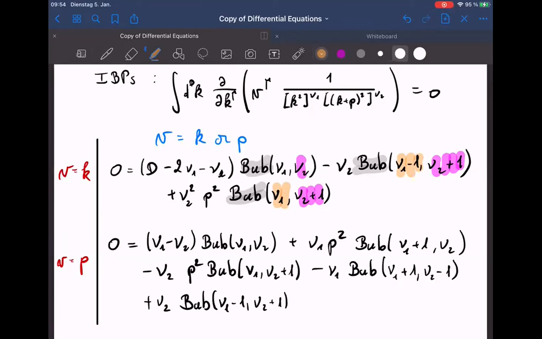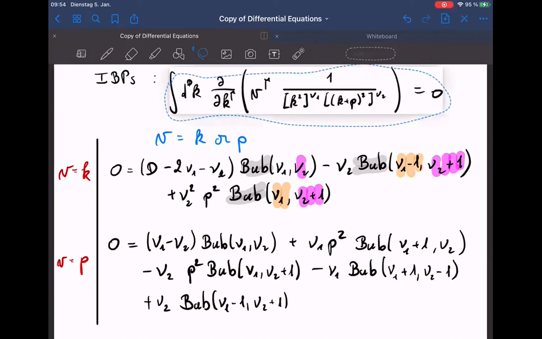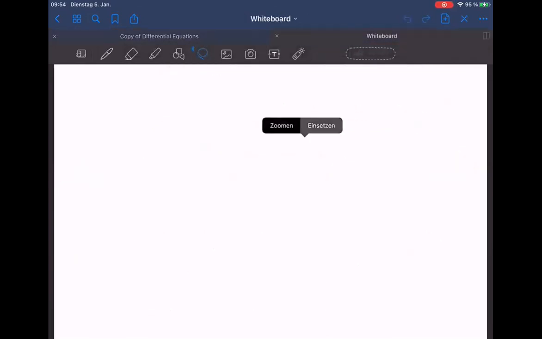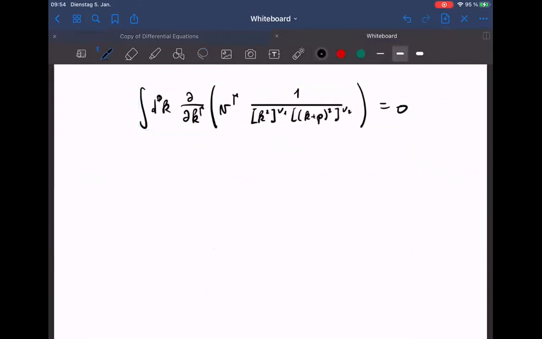Well, if you want, we can also go through the calculation. It's not too difficult. Let's maybe take this one. Let's say v is equal to k. What do I get? If I do the derivative, I get d/dk^mu k^mu, that gives me d, and nothing else.